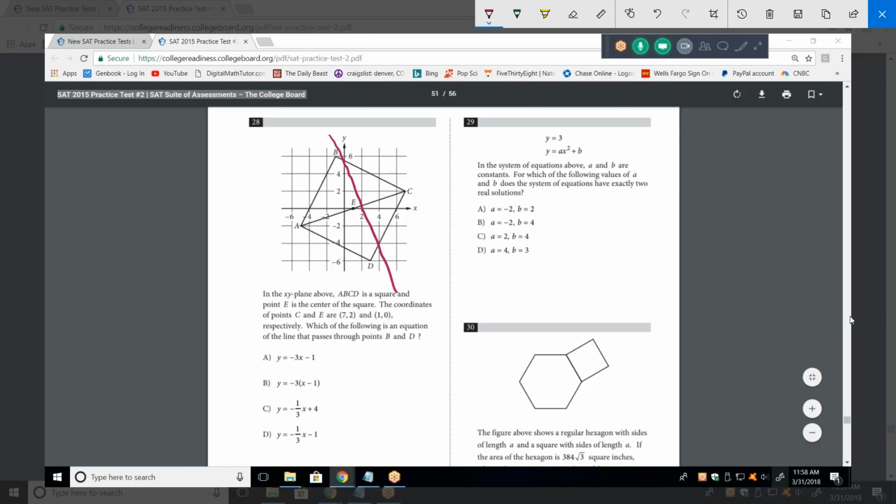Wow, hold on a second. The computer is acting weird here. All right. So, which of the following is the equation of that line?